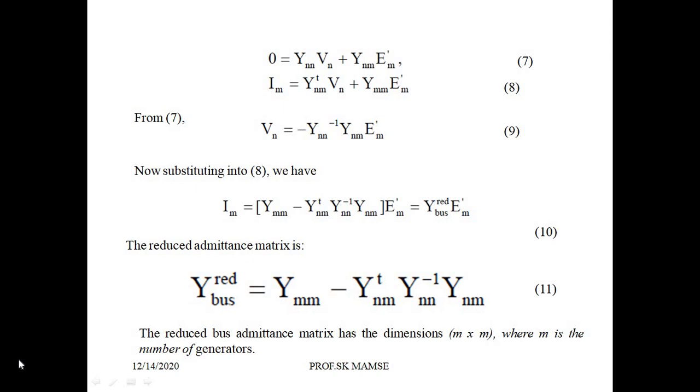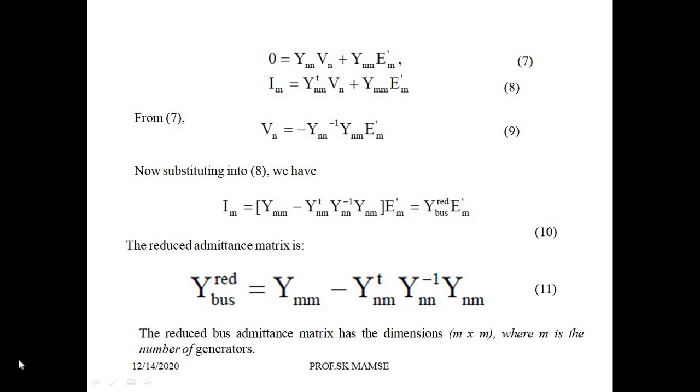Then Vn is equal to minus Ynn inverse Ynm Em. Then Im is equal to Ymm minus Ynm^T Ynn inverse Ynm, times Em, which equals Y red bus times Em'. The reduced admittance matrix is Y red bus equal to Ymm minus Ynm^T Ynn inverse Ynm.